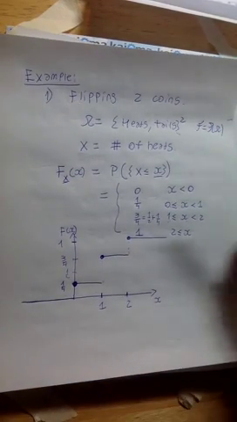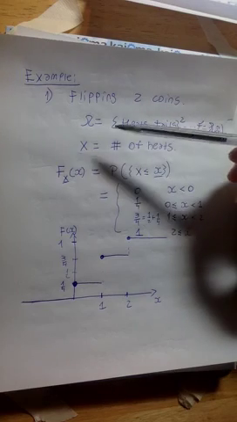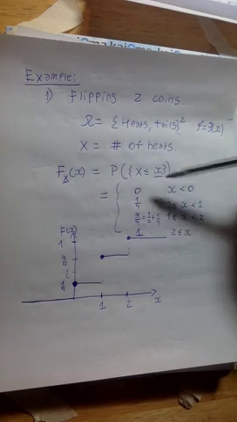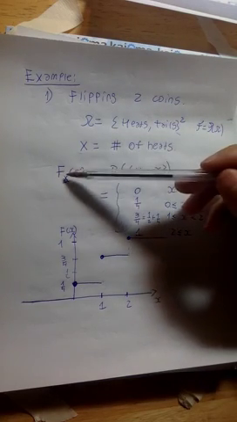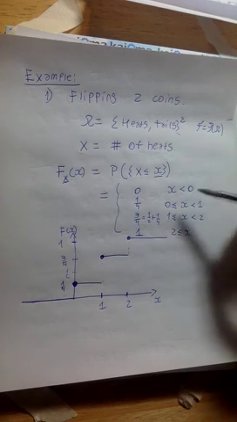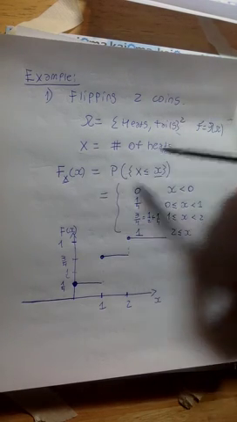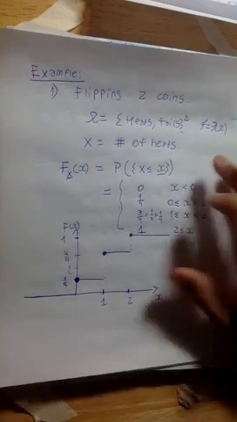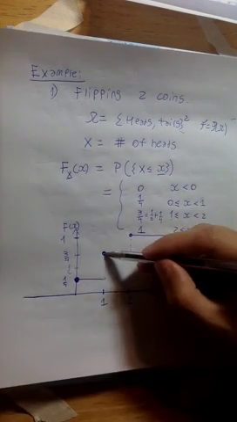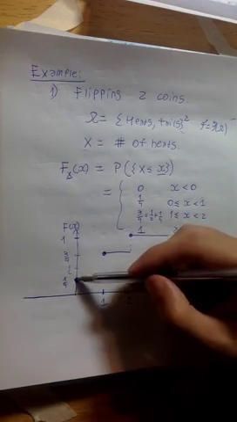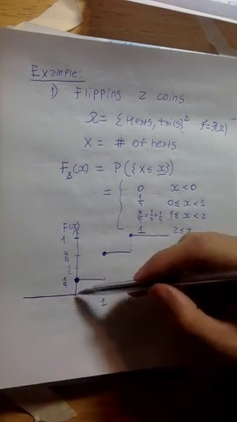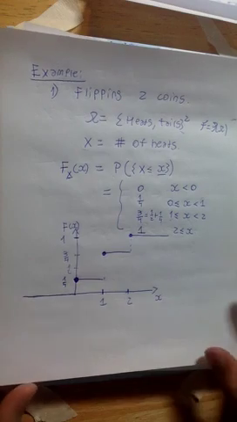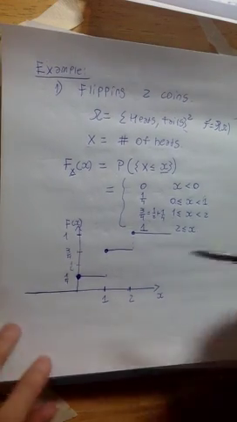Okay, so this is an example of, given a random variable, how you can actually find its distribution. In the case of a discrete random variable, you have to look at which are the points in which there is a jump of the probability, and then basically you get a piecewise constant function.